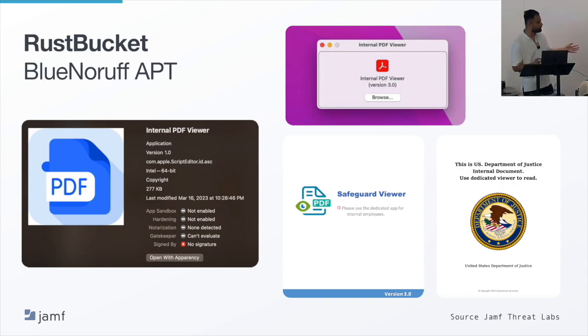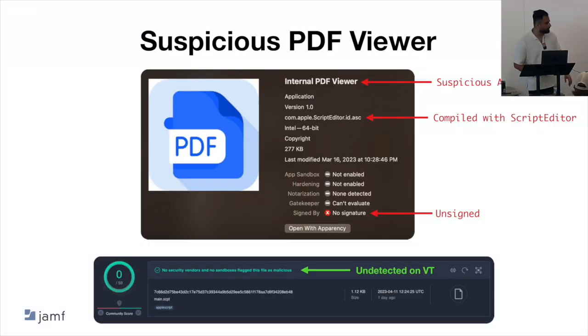It uses a fake lure for an internal PDF viewer application, displaying fake PDF documents that indicate you need to use this PDF viewer application in order to view their contents. When we came across this internal PDF viewer, it was quite interesting since it was unsigned. The name of the application, Internal PDF Viewer, is not something we would typically see in a normal application. It was undetected on VirusTotal, and also compiled with Script Editor.